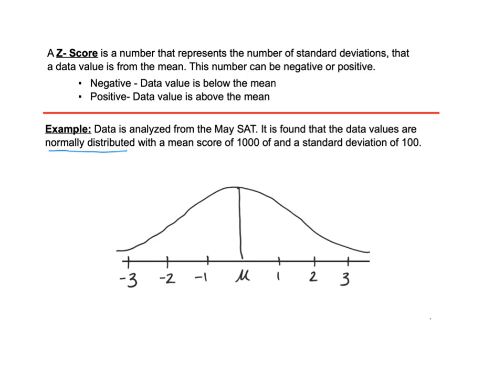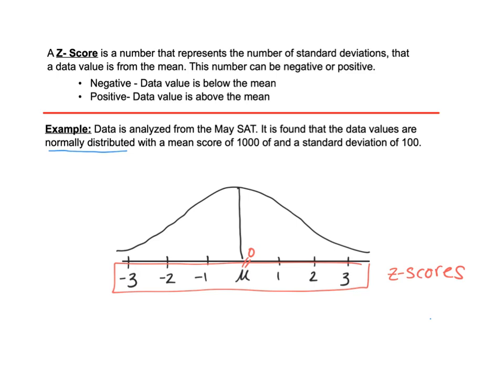If you want to label that, you absolutely can. So we can call these the z-scores. What's also important to know is that since the mean is in the middle between -1 and 1, the mean also has a z-score of 0. So it's important to know that as well.